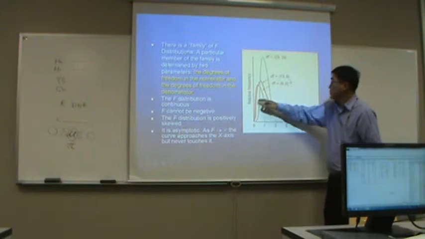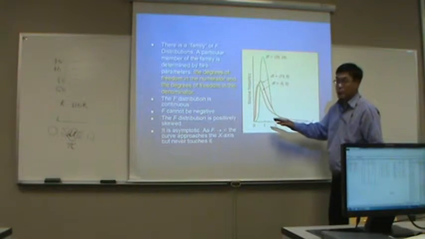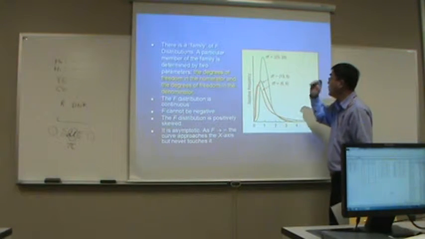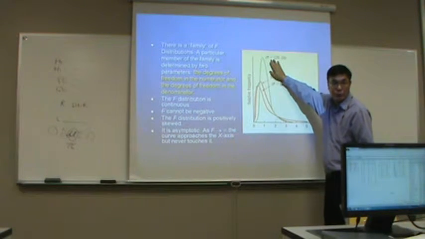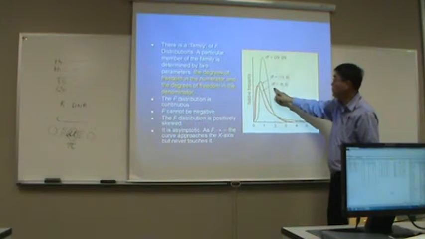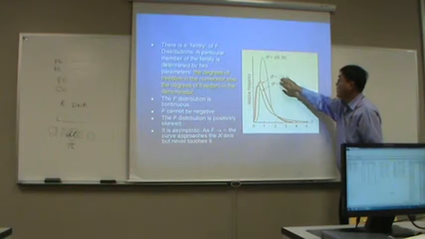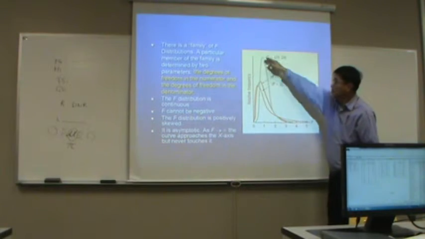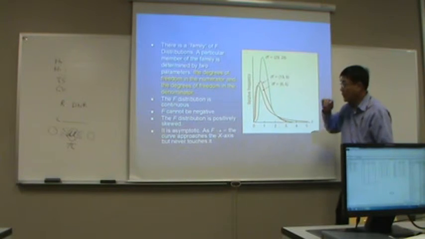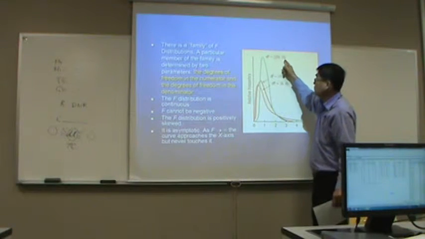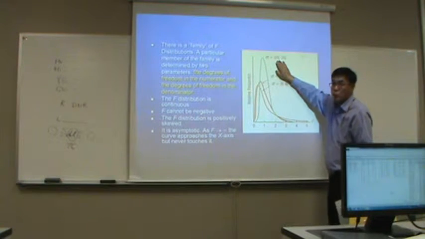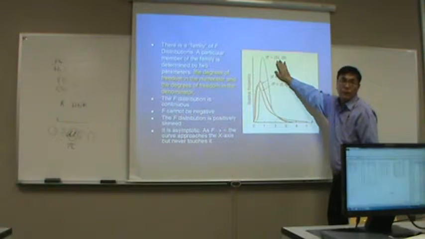The shape of this F distribution, high, low, wide, and so on, depends on the df, degrees of freedom. There are two df, df1 and df2. Higher df, higher curve; lower df, lower. The first one we call the numerator, or df1.